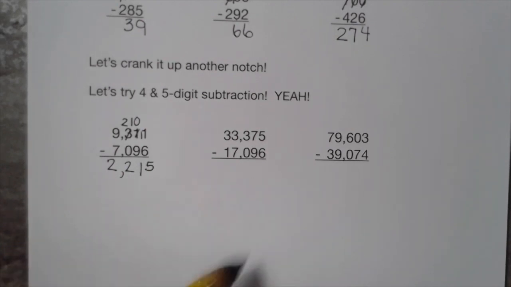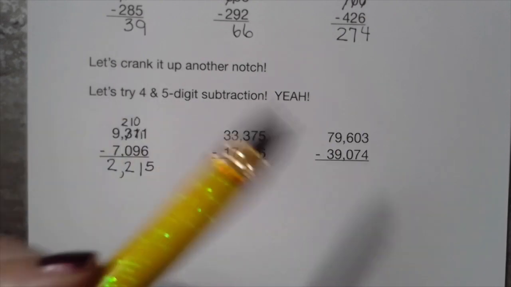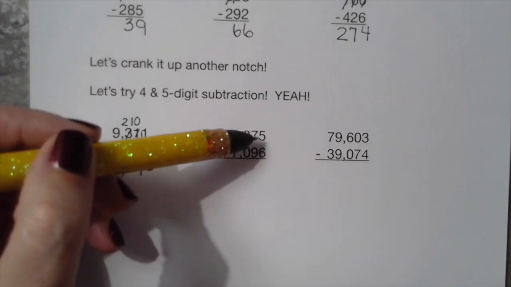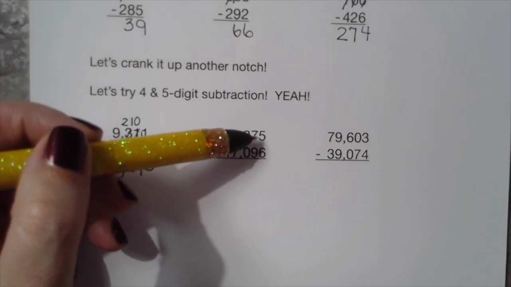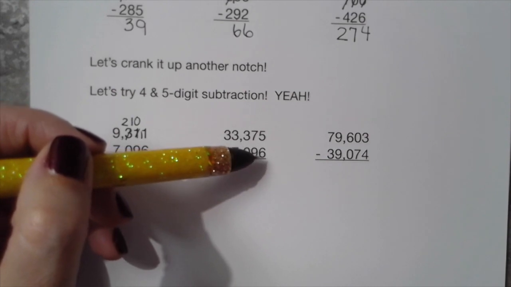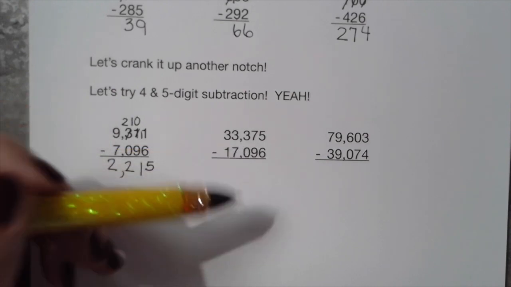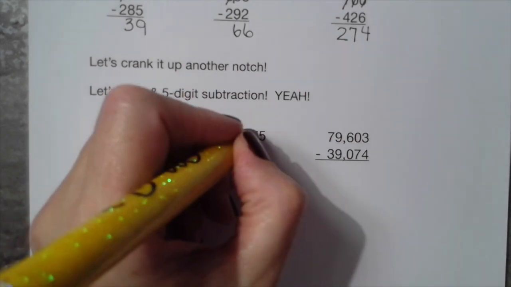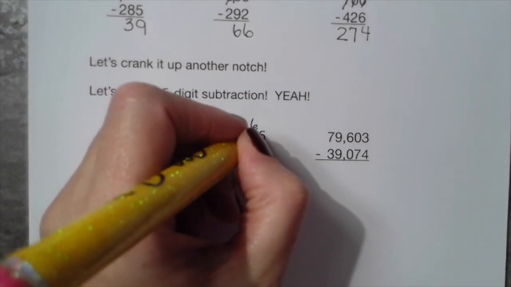Look at this one. This one's got 5 digits. Should we be scared? No way. You'll have trouble by the tens if you don't start with the ones. So I have 5 on top and 6 on bottom. What do I need to do? Right, more on the floor, go next door and get 10 more.